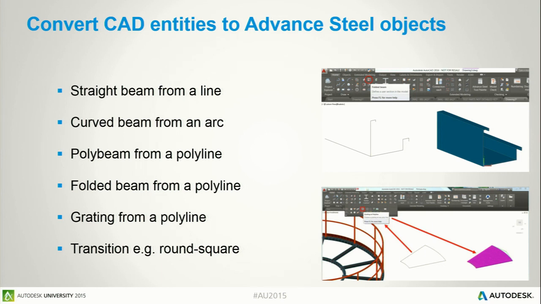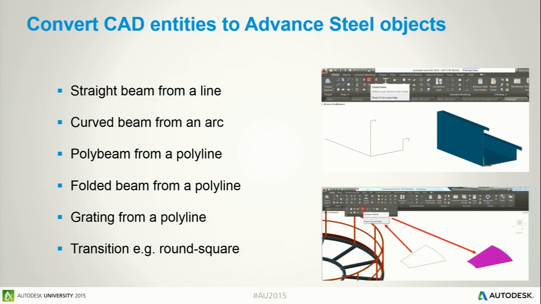And there are some other possibilities, such as creating a polyline, something like that, and converting it automatically to a folded beam. And by the way, you can get it unfolded automatically on drawings and NC files. There are some ways also to create grating. We have a complete catalog of international gratings available in Advanced Steel. They can be rectangular, they can be circular, they can be polygonal.